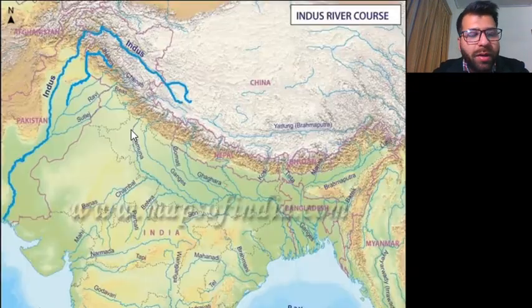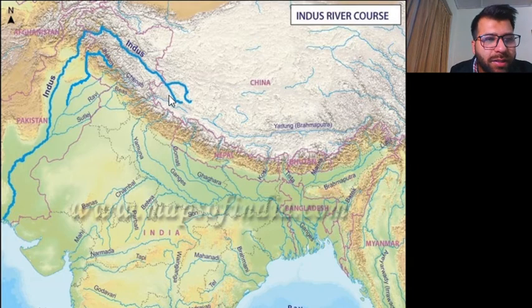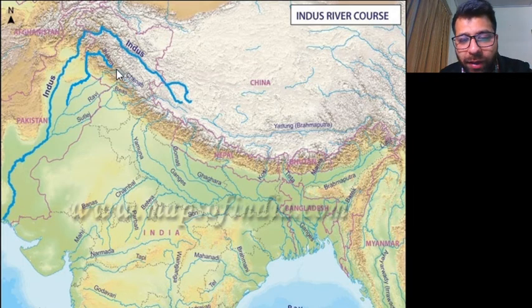Let's see where the Jhelum flows in India. This is Indus, we have already done. This is Jhelum. The lower part is Jammu and the upper part is Kashmir, that has Srinagar. If you have ever visited Srinagar by road, you might have seen there's a very long tunnel, very strategic and important from a defense point of view. It's called Jawahar Tunnel.